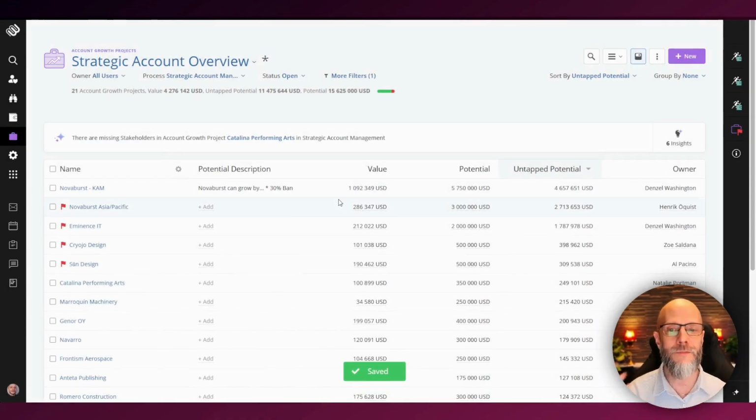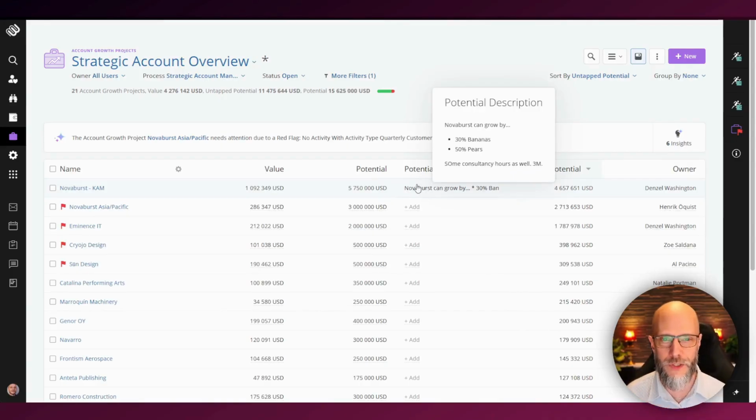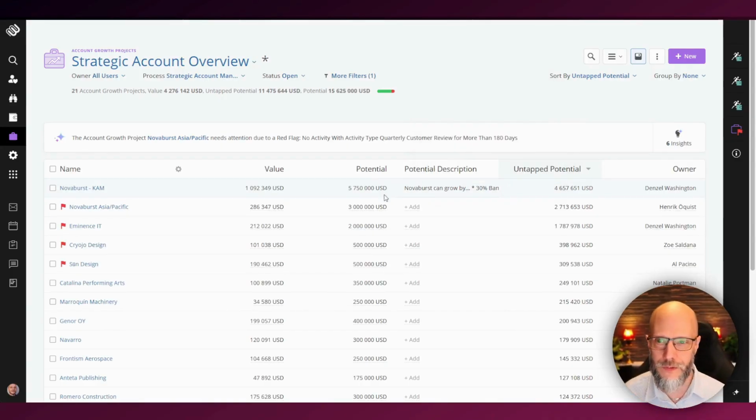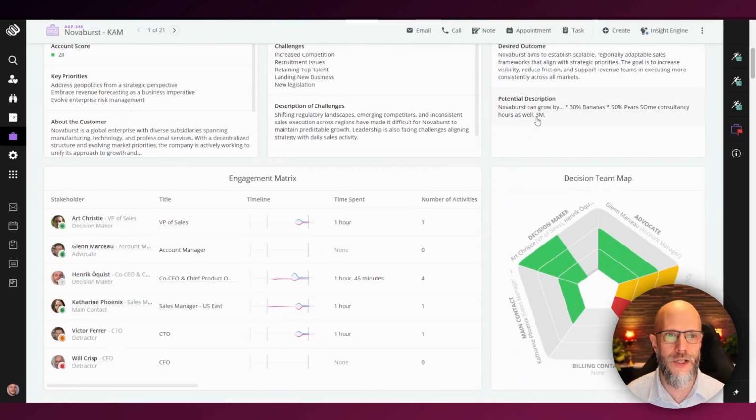So it's a simple way to just outline where this comes from. It's a great starting point. You can then see it right here from the list. And by going into one of these, you can now also see right from here where this potential is going to come from.